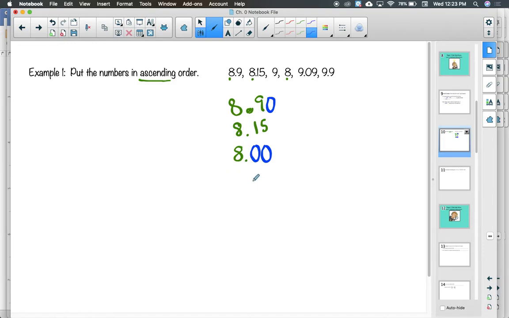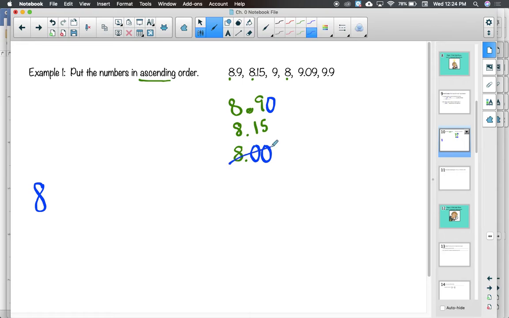So once I have my place values all the same, I'm looking for my smallest number. Remember, ascending means least to greatest. And 0/100, 15/100, 90/100. Well, which one of those is the smallest decimal piece? It's 0/100. So my smallest number in my list is the number 8. Notice I didn't write it with my zeros in the final answer. I cleaned up those zeros to get it back into the numbers that were given to me in the problem.